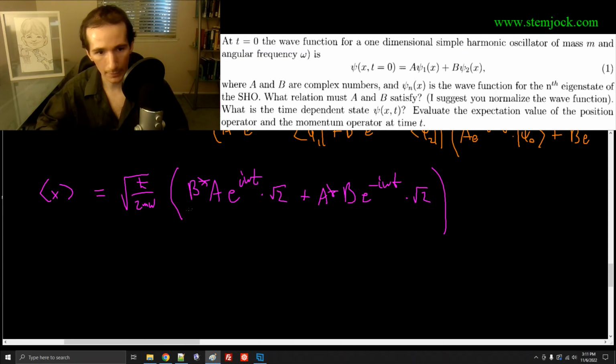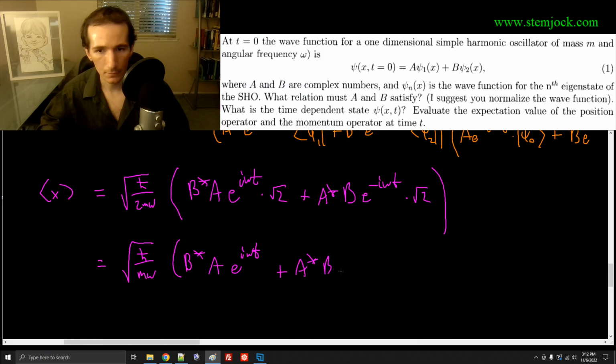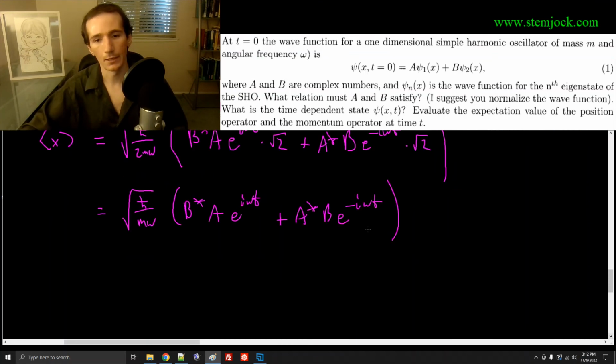Now I'm going to factor out the square root 2 so that it gives me square root h bar over m omega, b star a e to the i omega t plus a star b times e to the minus i omega t. Now this formula here can be simplified by using the fact that a and b are complex numbers.